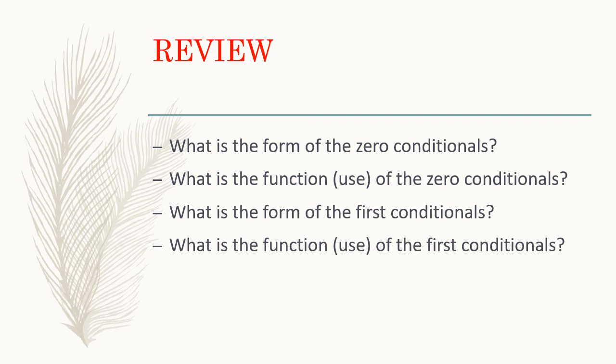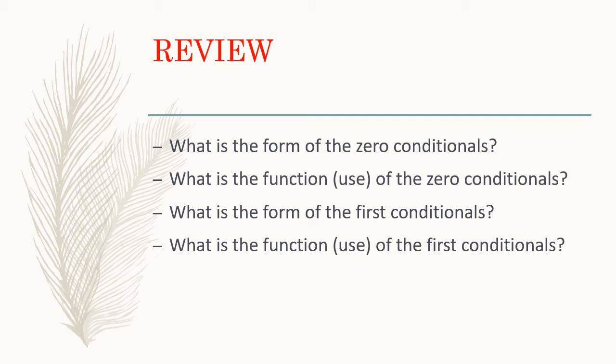Okay, next, what is the form of the first conditionals? So for the first conditionals, the if clause is the same as in the zero conditionals. Only the main clause is different. So the pattern for first conditionals is if plus subject plus simple present, comma, subject plus will or might or may plus the base form of the verb.